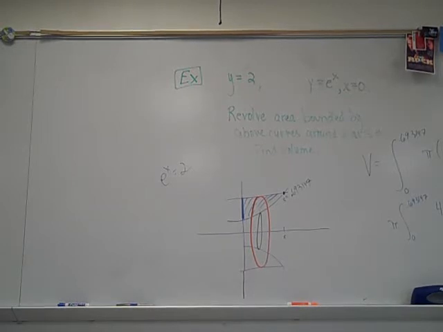Point 69314. Let's get confirmation. Then you've got to put a pi. 1.272. 1.273.